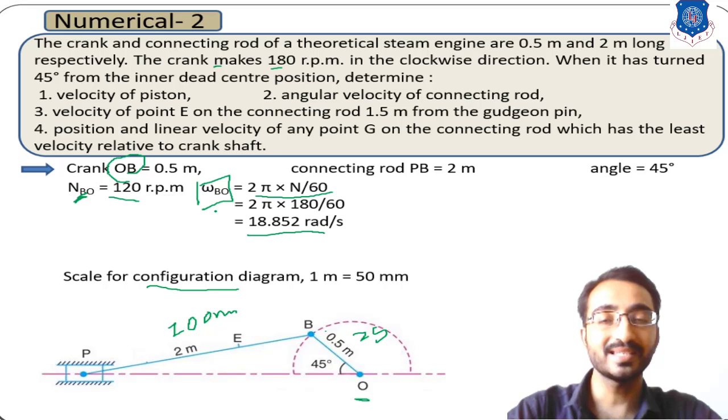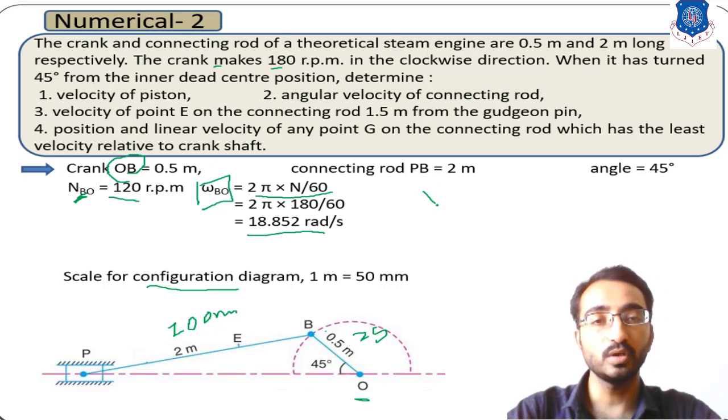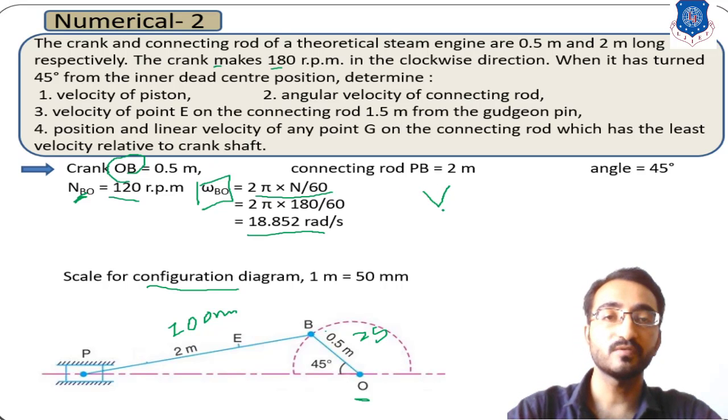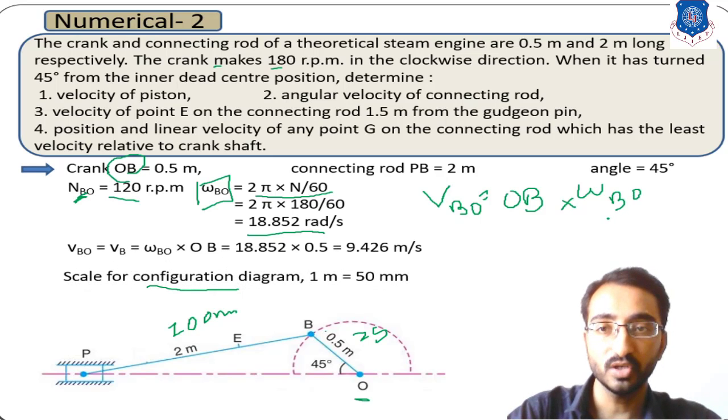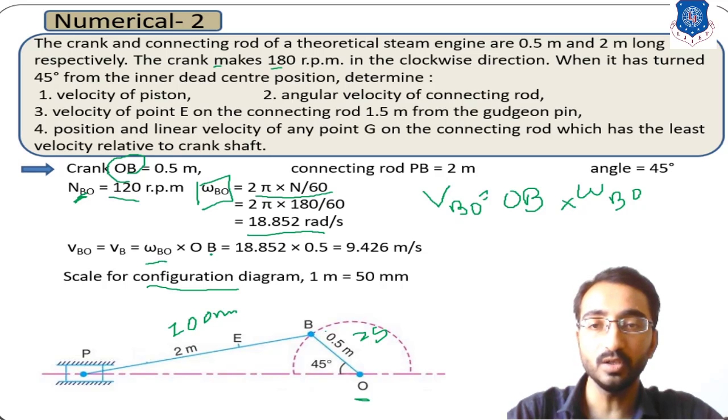Now using this angular velocity you can calculate the linear velocity also, because we have a simple relation that linear velocity V is equal to radius, the length of link OB, into omega of link B with reference to point O. So this equation will give you omega BO into OB.